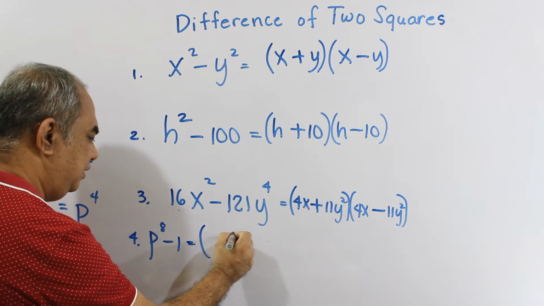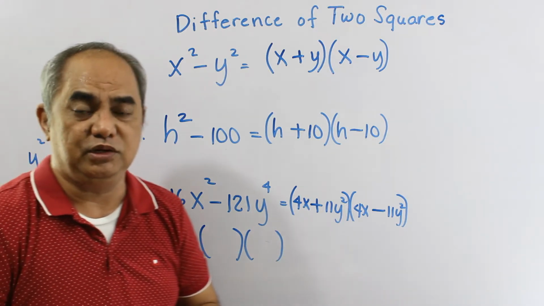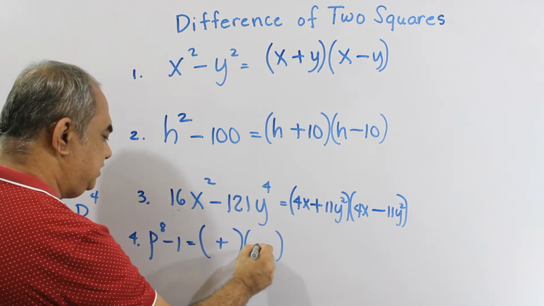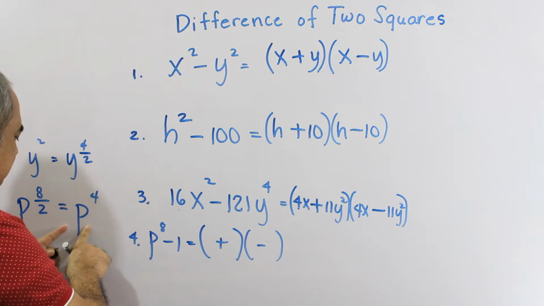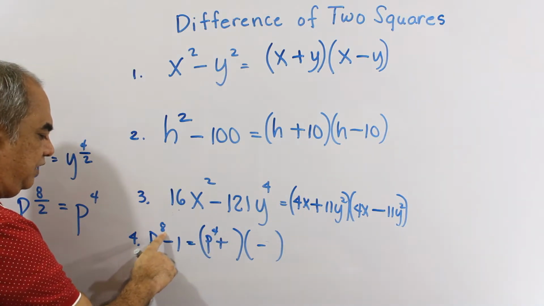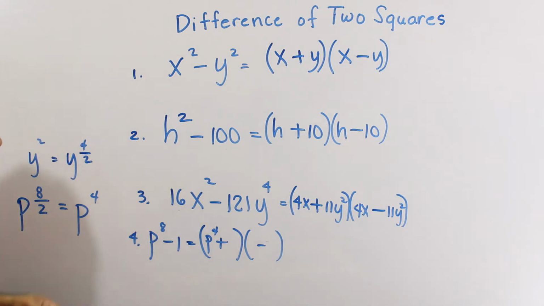However, you will notice that the square root of 1 is 1, because 1 times 1 equals 1. So, let's just copy this, positive and negative. This one is p to the 4th. As I mentioned earlier, this is the factored form of p to the 8, or simply the square root of p to the 8.